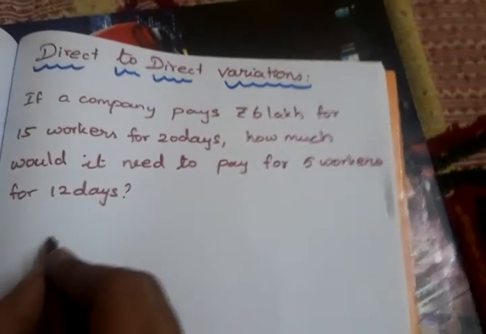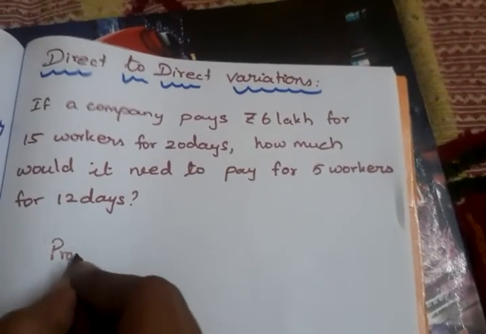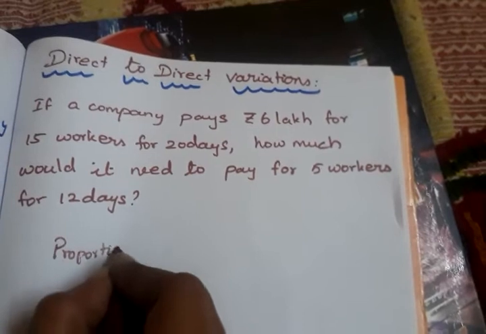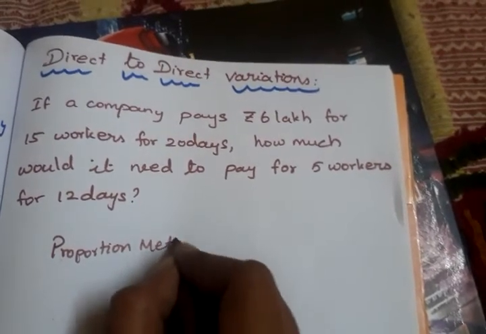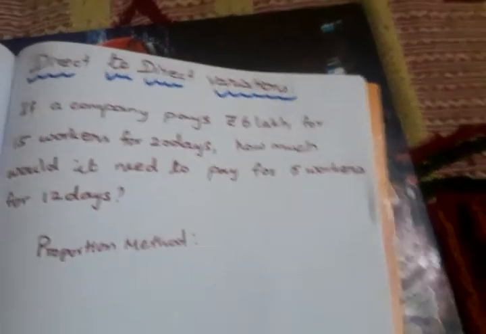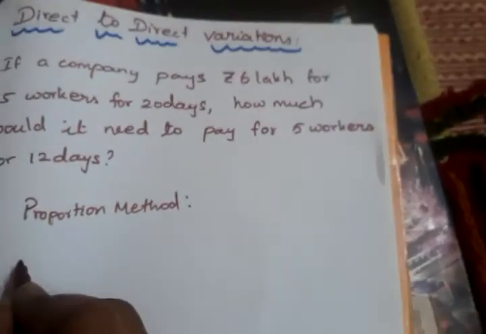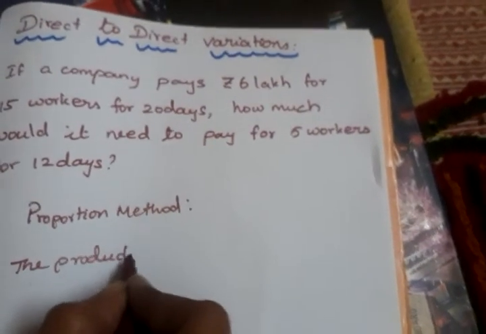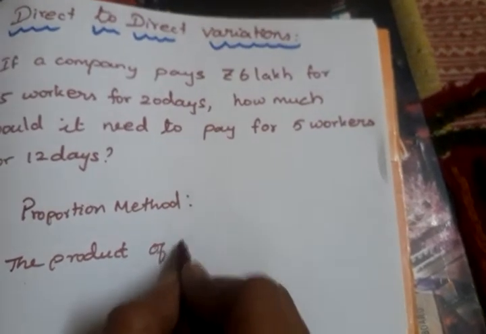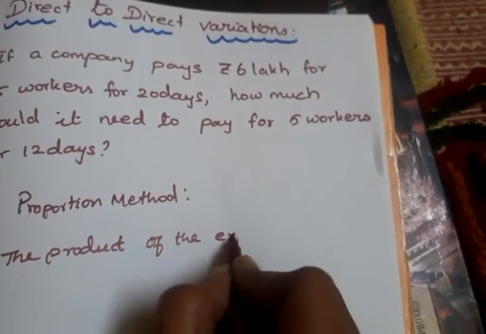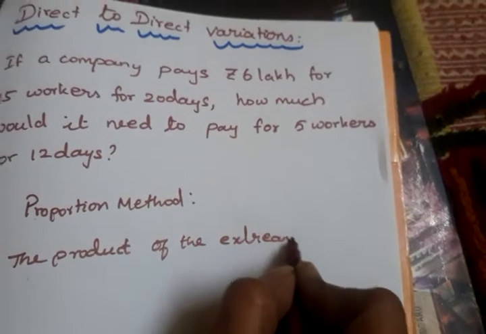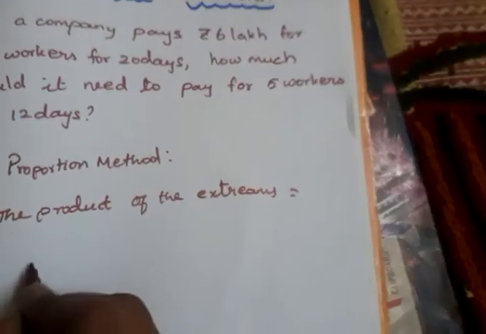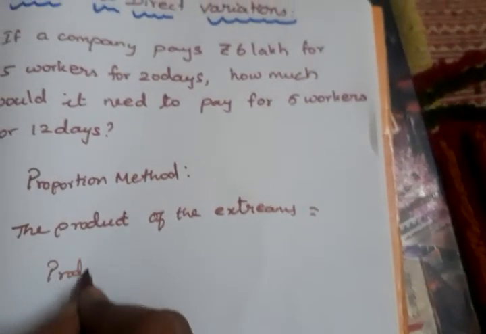In the proportion method, the product of extremes is equal to the product of means.